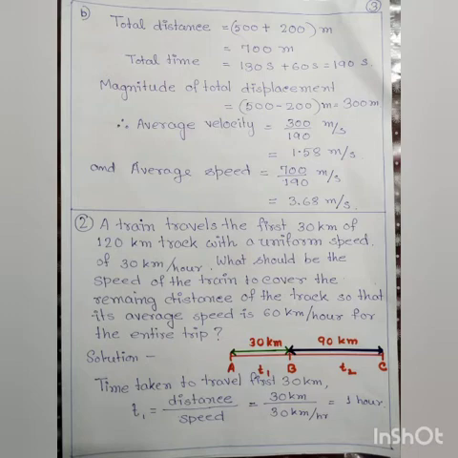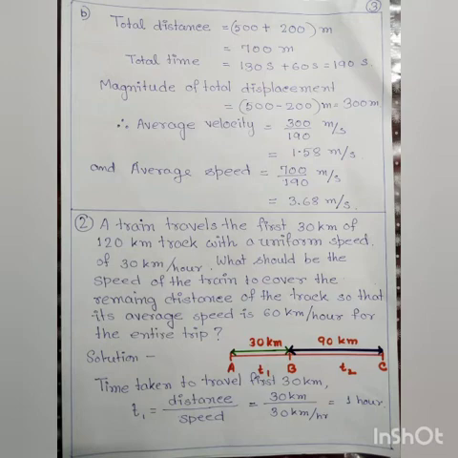So here time t1 will be distance by speed. We know the distance is 30 kilometers, and the uniform speed for the first 30 kilometers is 30 kilometers per hour. So we just substitute the values, and the time we get to travel the first 30 kilometers, t1, will be equal to 1 hour.